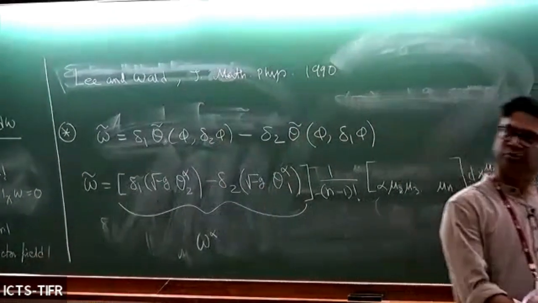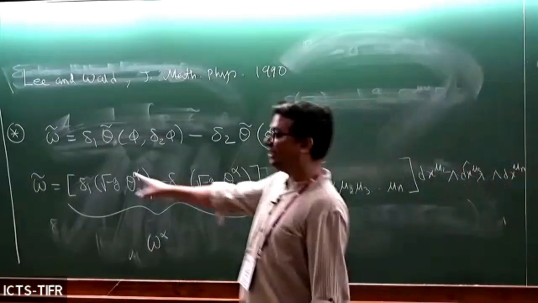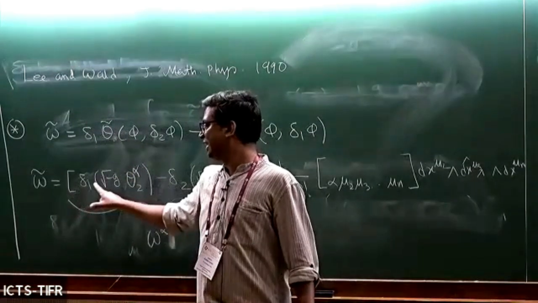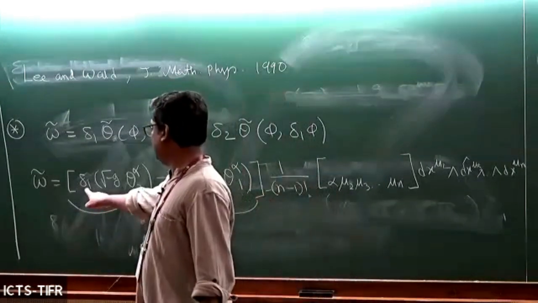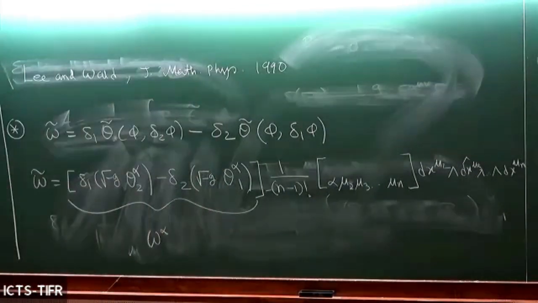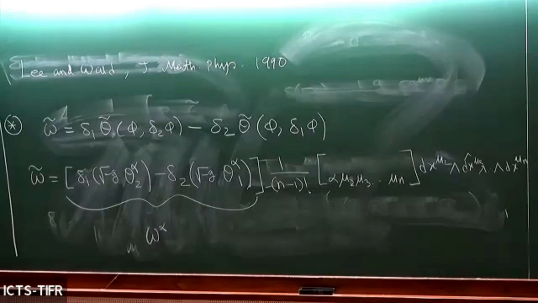So what you have to do is be brave enough, take that theta alpha, put it there. There will be two terms. One will be delta acting on the variation of square root of minus g, which we know how to write. And then there will be another term, delta acting on theta 2. That means you have to take another variation, which will act here as well as here. You fully write down everything, and you will have a huge number of terms. There will be a lot of symmetries, and work it out, and you will get the following structure.